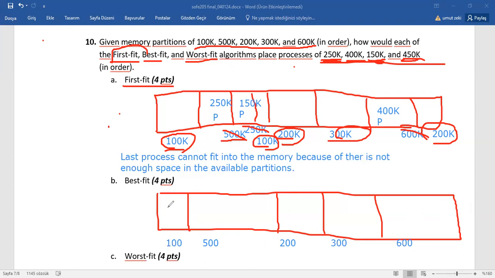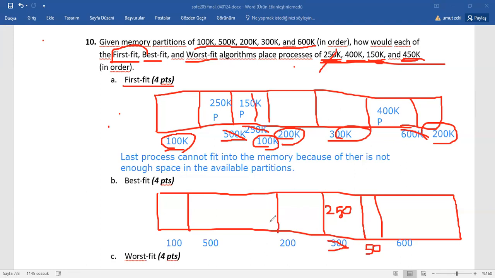It can fit here, it can fit here, but let's check the others. It can't fit 200. It can fit 600, but the most suitable one is 300 because it is the closest one to 250. So it will put 250 here. So we have a remaining 50K partition.